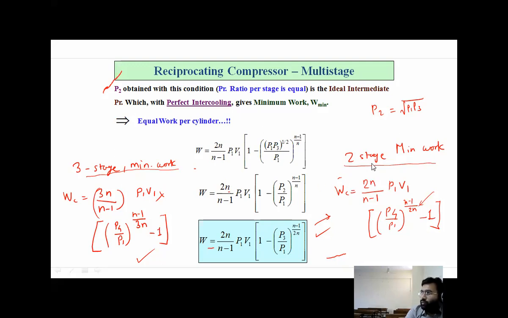Minimum work required for two-stage RAC is equal to 2n divided by n minus 1 into P1 V1 into, in bracket, P4 divided by P1 raised to n minus 1 upon 2n, minus 1. Write down this equation.